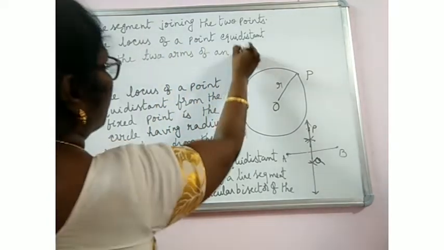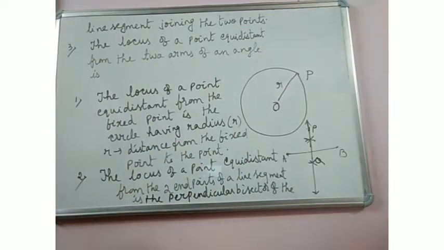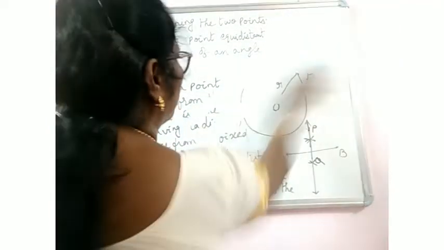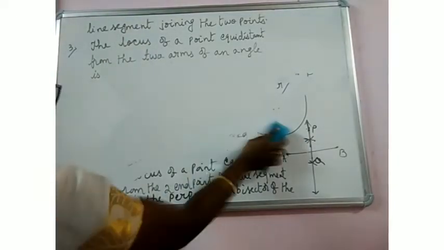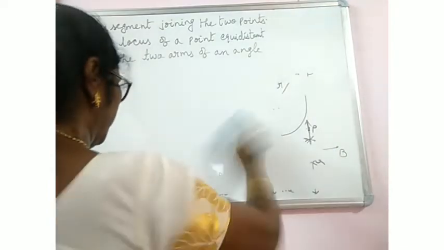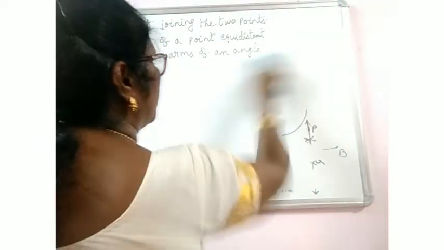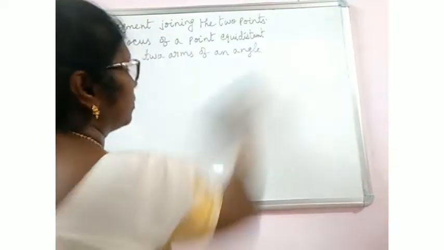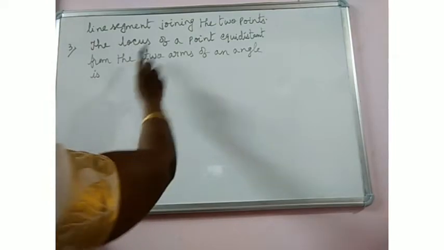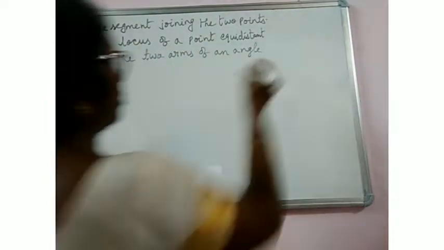Two arms of an angle, what is that? Let me explain and do. Okay. So the locus of a point equidistant from the two arms of an angle.